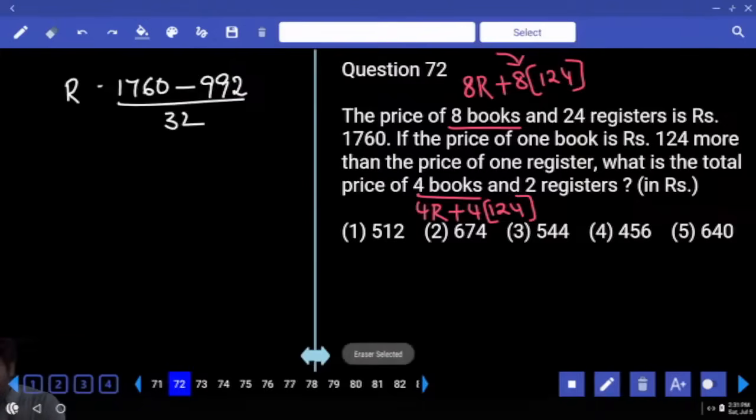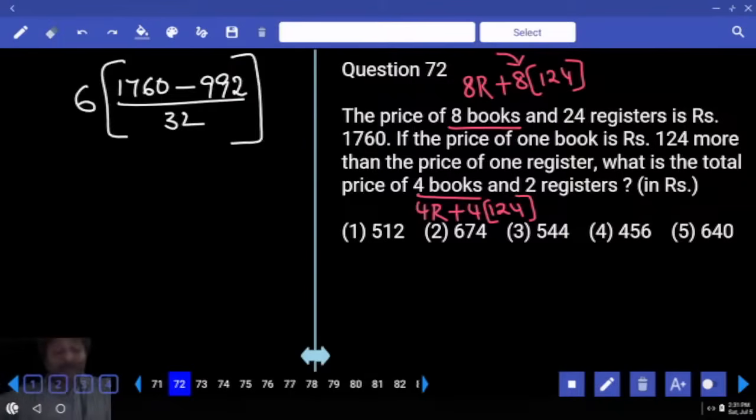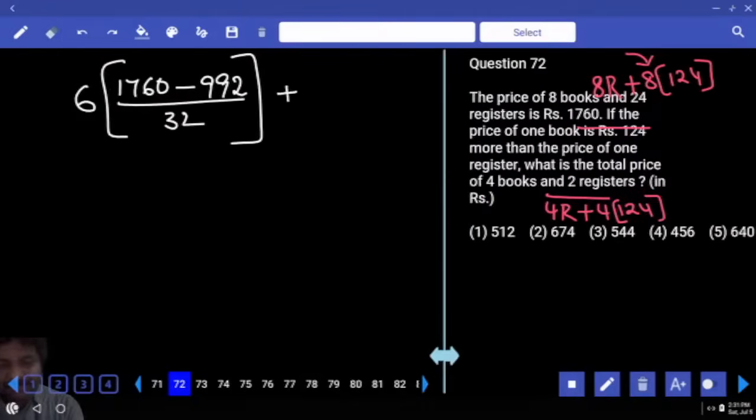The total cost of 6 registers is going to be this number multiplied by 6 plus 4 times 124. 4 times 124 is 496. So plus 496. This is what we want to calculate, correct?